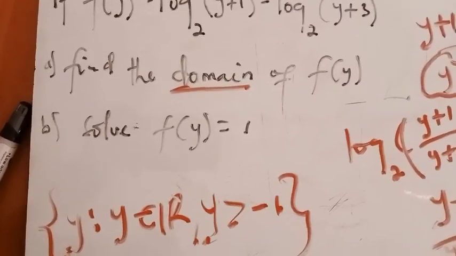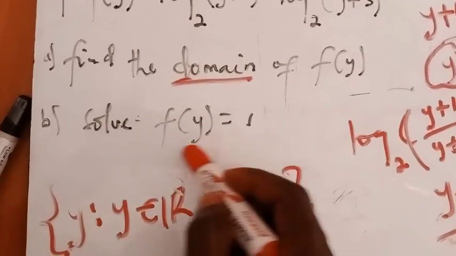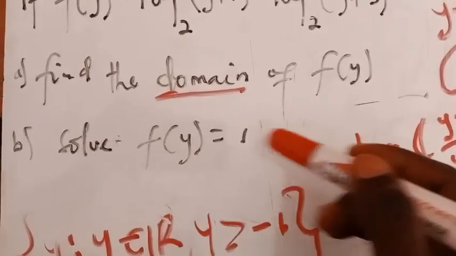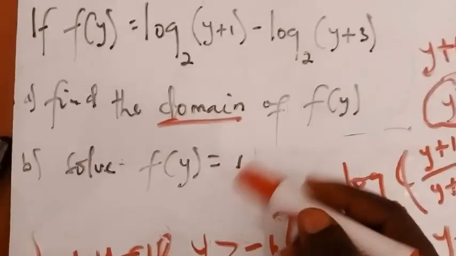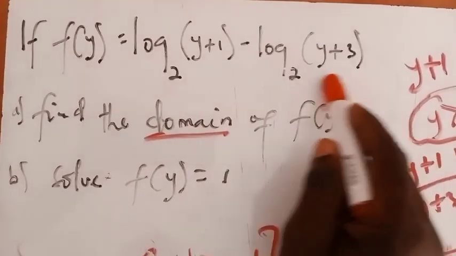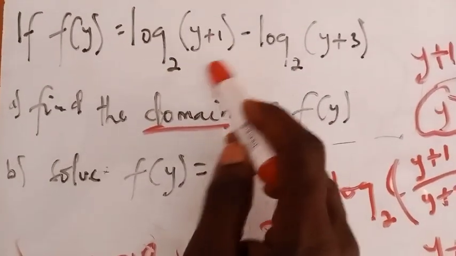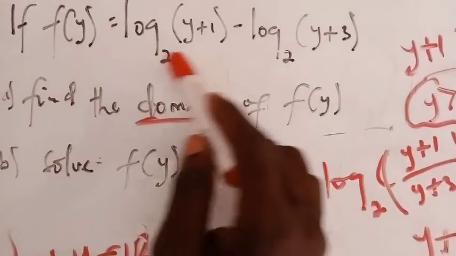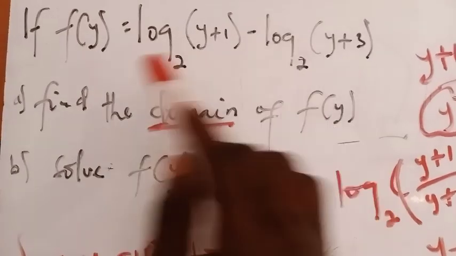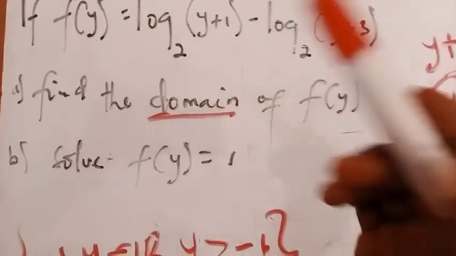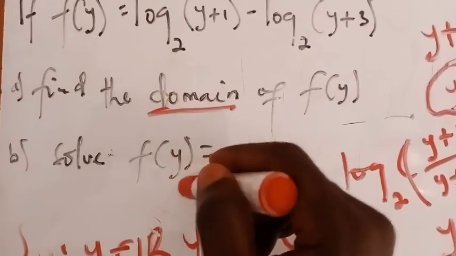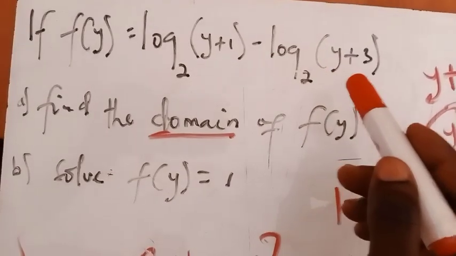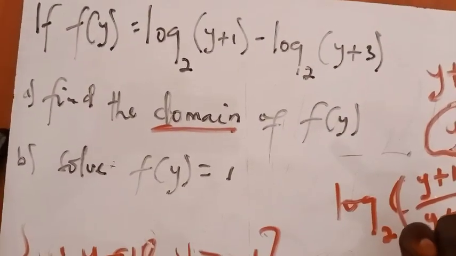Right? Okay, perfect. Now the second one says that you should solve this equation, right? So looking at this thing here, f of y is equal to 1. F of y is nothing but just this expression on the right hand side here, right? So this logarithm, log base 2 of y plus 1 minus log base 2 of y plus 3. This is what we are calling f of y. So if I say you are equal to this, it means that both of you are the same. So what we are going to do here is replace this f of y by everything that is on the right hand side of this equation, and then we solve the equation.